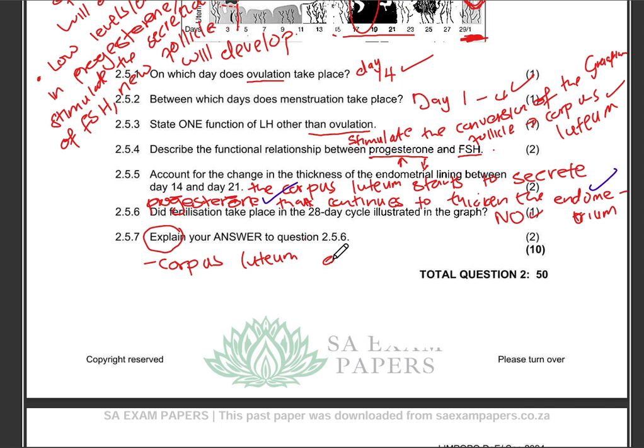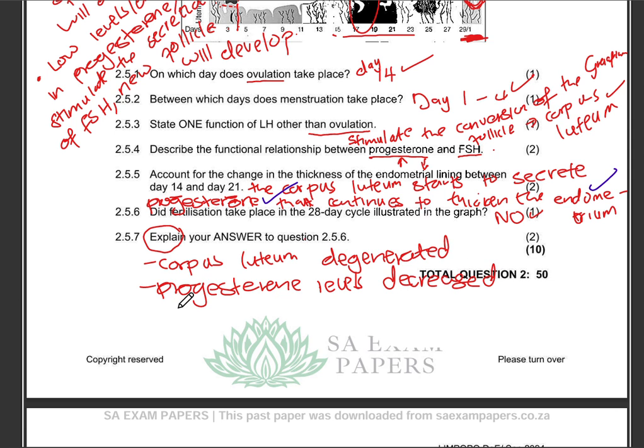So we can talk about the corpus luteum degenerated. Obviously, the progesterone levels decreased. We saw that from our graph. We can talk about FSH also.